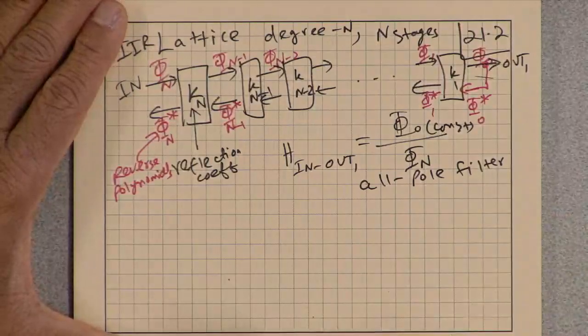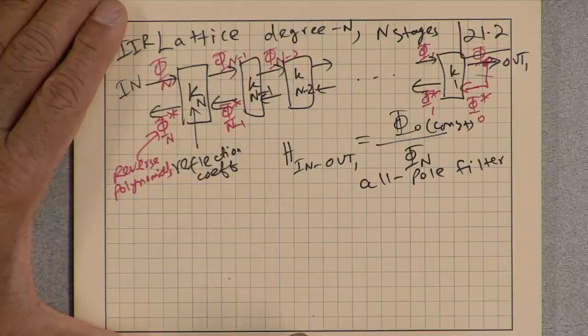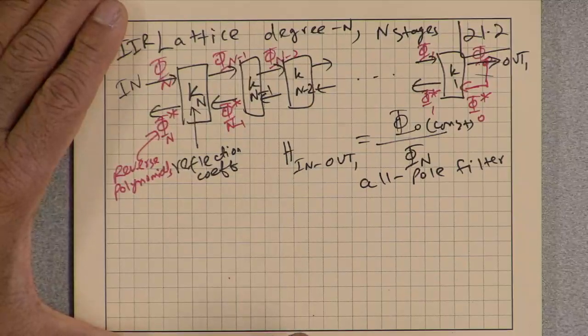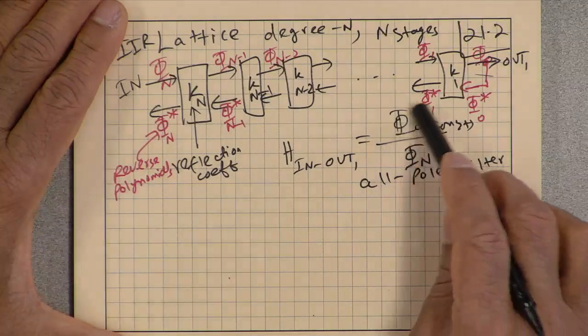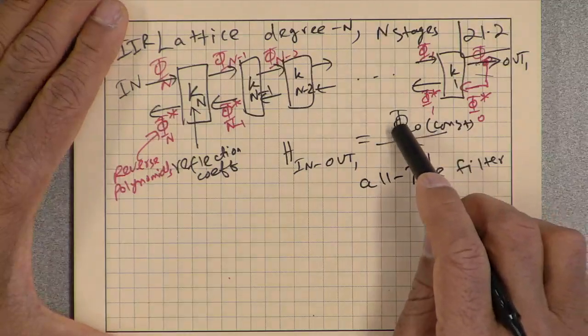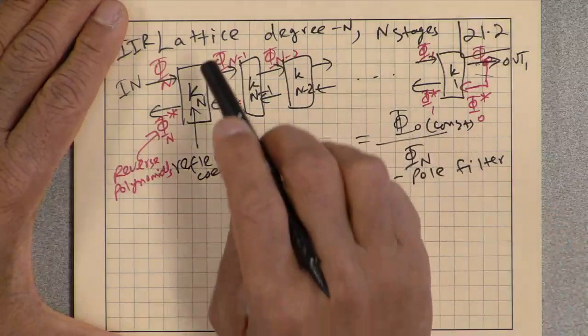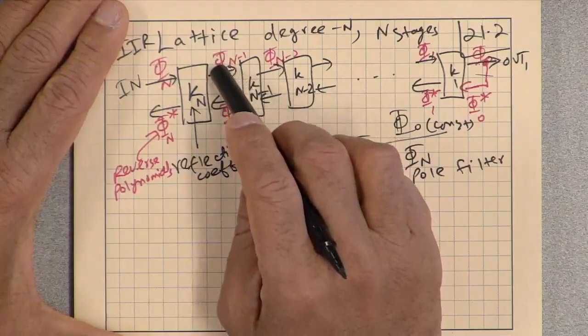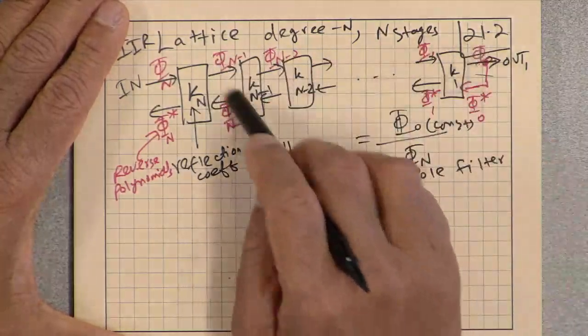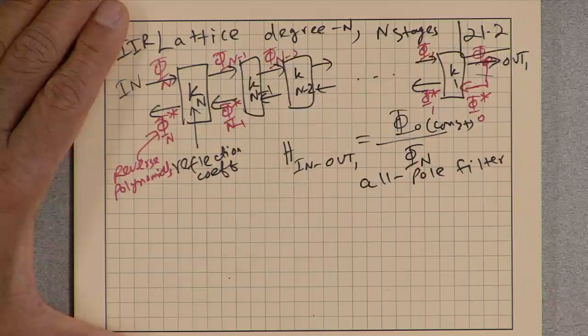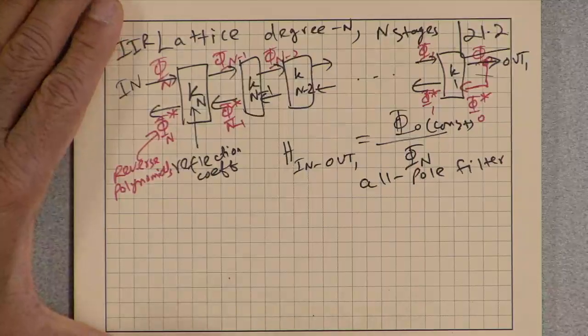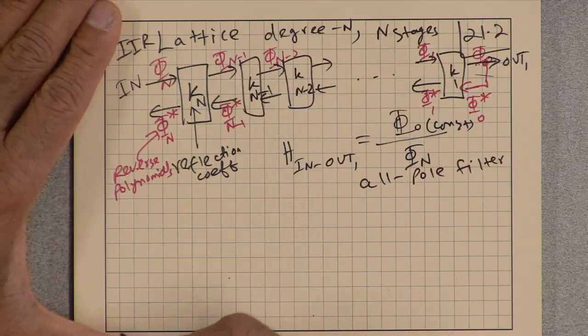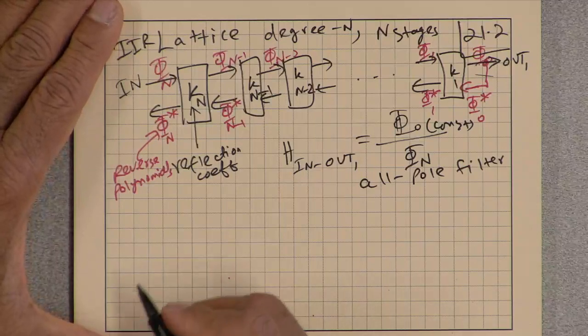And how do we get zeros? We can incorporate zeros by having the numerator polynomial that can be expanded using either the top polynomials or the bottom polynomials, and that's how we will implement the transfer function with poles and zeros.